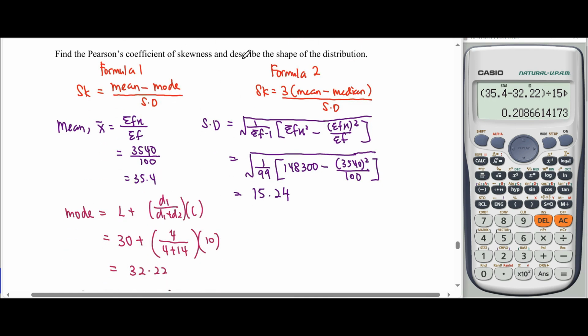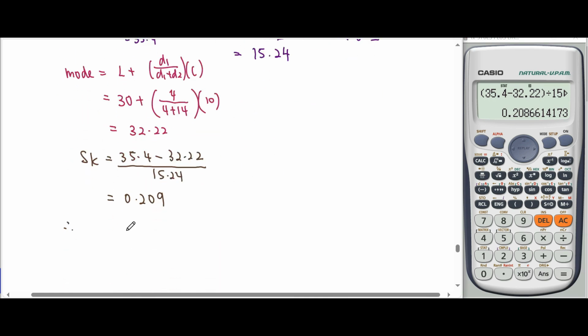If you get a positive number, it means the distribution is skewed to the right, or positively skewed.